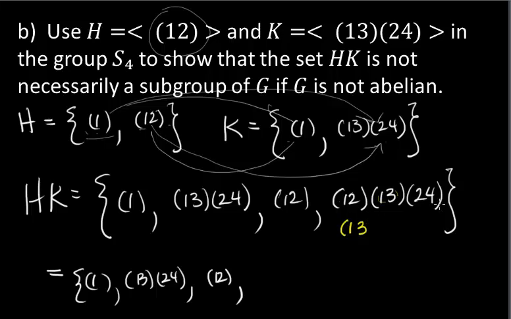Now I go back, 3 is fixed, 3 is sent to 1, and 1 is then sent to 2. 2 is sent to 4, and 4 is fixed. 4 then is sent to 2, and 2 to 1, so I close. So you have to be careful. Multiplying those together, we have (1 3 2 4).